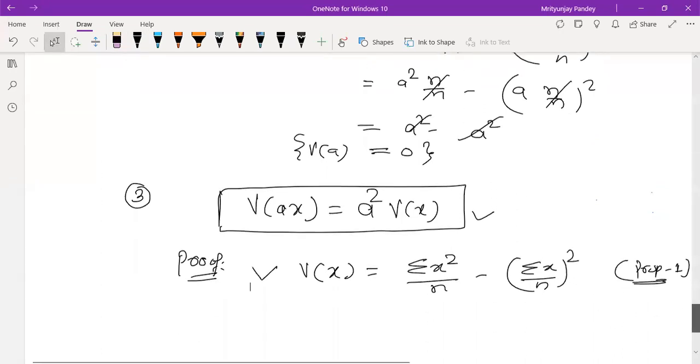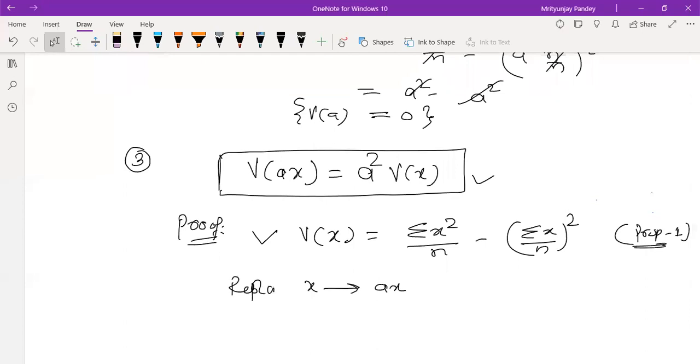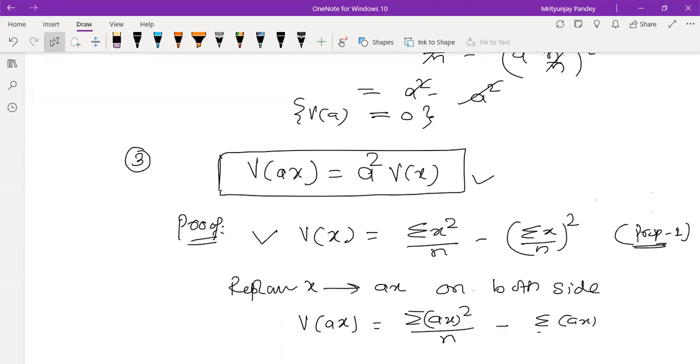Now replace every x, throughout the formula, with ax on both sides. So what we will get is V of ax equal to summation of (ax) square divided by n minus summation of ax divided by n, complete whole square. Understood this point?